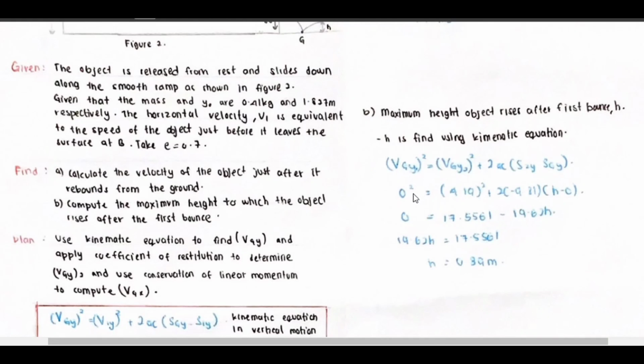VGY is equal to 0, VGY2 is 4.19, squared, plus 2 times negative 9.81 times h minus 0. So we calculate, and we get h equal to 0.89 meters.